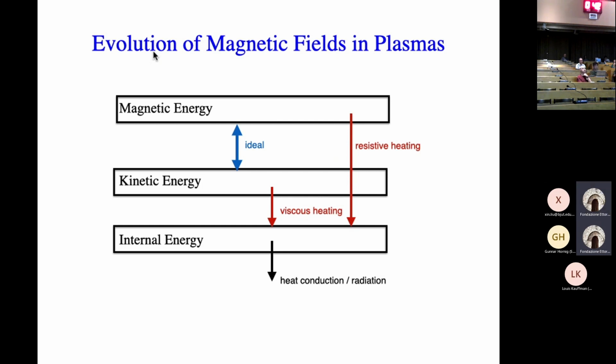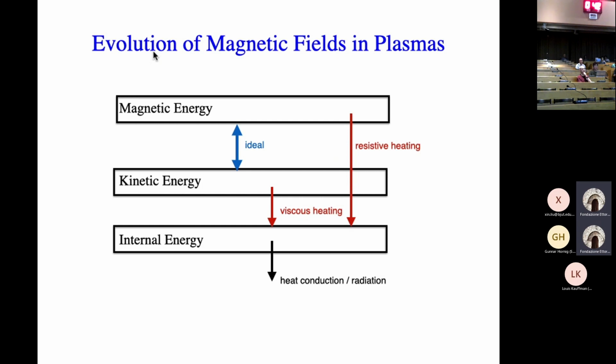There is an exchange between magnetic and kinetic energy which works even without viscosity and without resistivity. And then there is a dissipative loss of magnetic energy via resistive heating and a dissipative loss of kinetic energy via viscous heating.